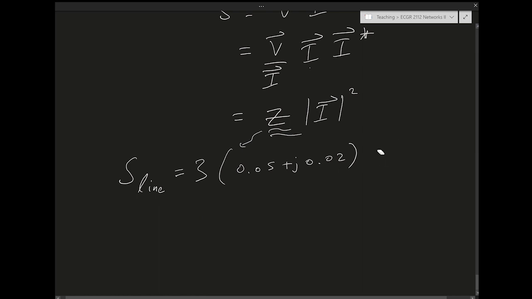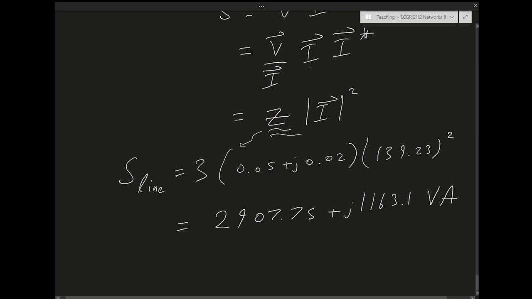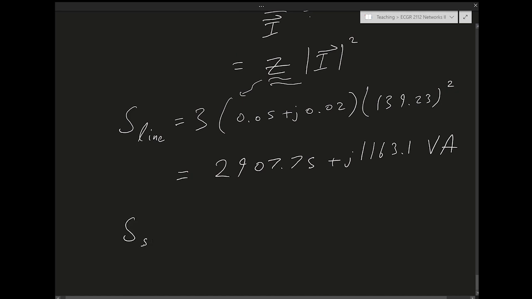We found it in the previous example to be 139.23 squared. If you do this calculation, you end up with S line being 2907.75 plus j1163.1 volt-amperes. So S at the source is just going to simply be S line plus S load.